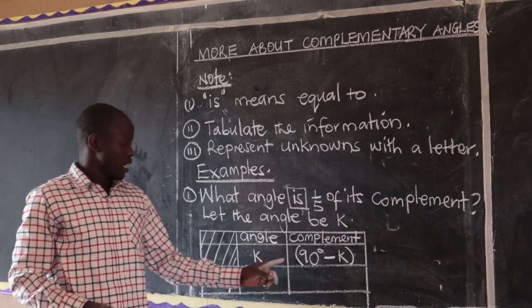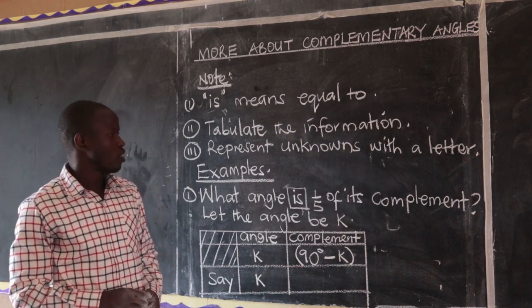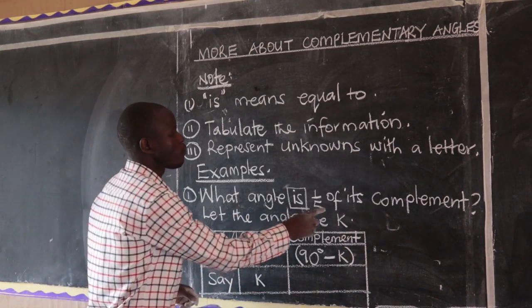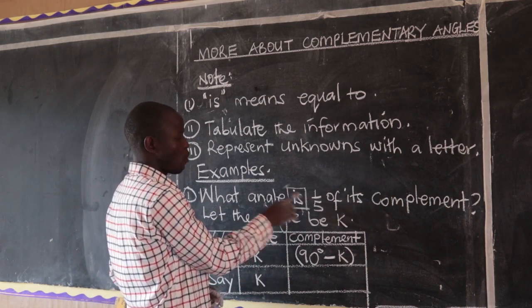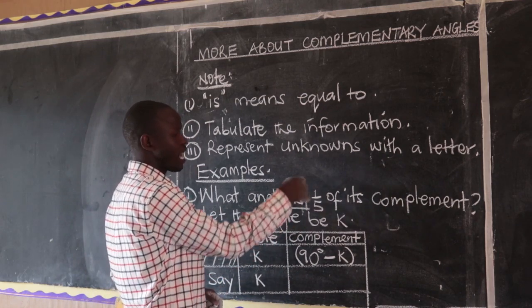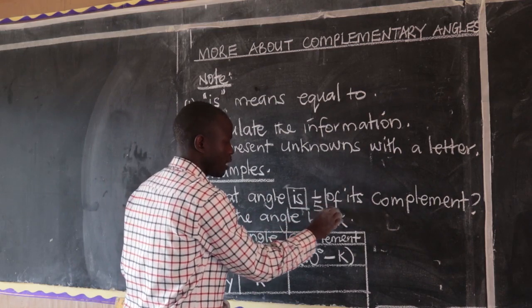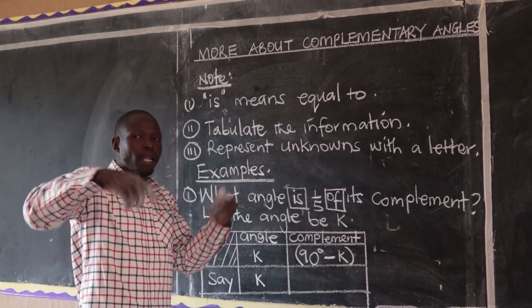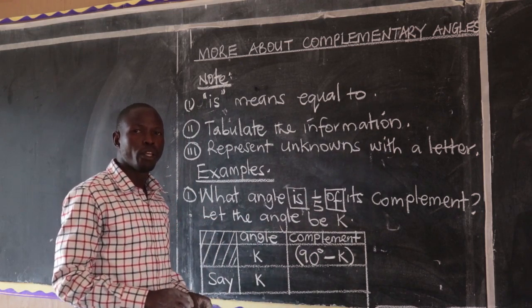Now, on this side where there is a complement, we introduce the fraction of, because they're saying what angle is a fifth of. There is a preposition of multiplication there. Therefore, a fifth is multiplied with the complement.